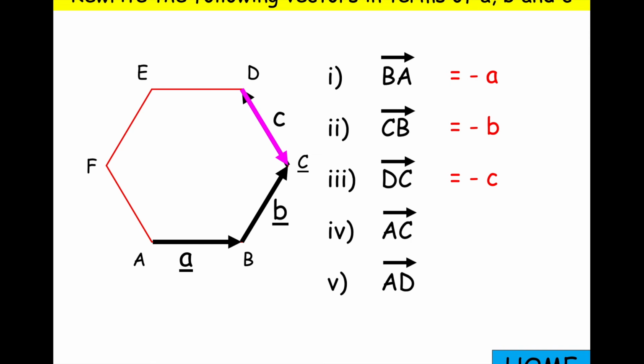Now let's take a look at vector AC. Vector AC consists of A and B, so that's equal to vector A plus vector B, right? And AD is just equal to vector A plus vector B plus vector C. Very straightforward.